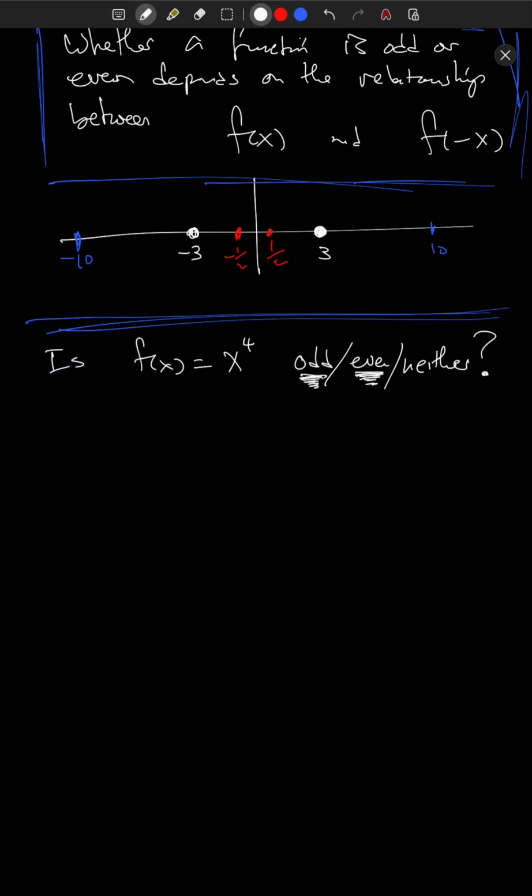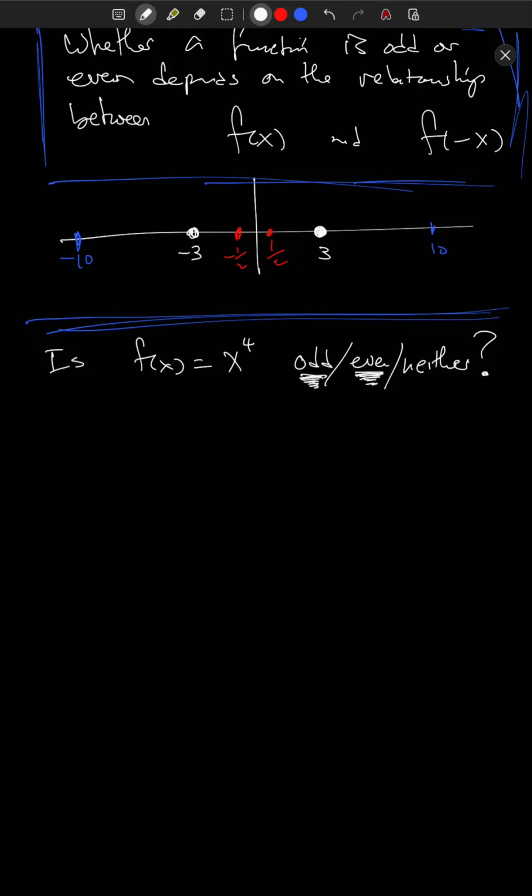Okay, so what that means in practice is that normally, if you want to answer this question, you don't actually have to check all the possibilities, right? If I somehow determine that this function is odd, then for sure it's not even, unless it's that one special function. And of course it's not neither.